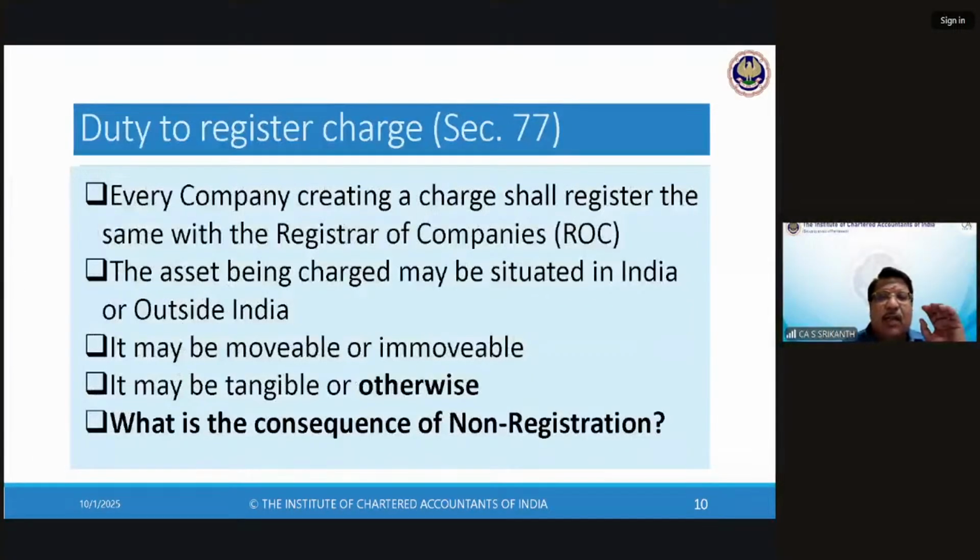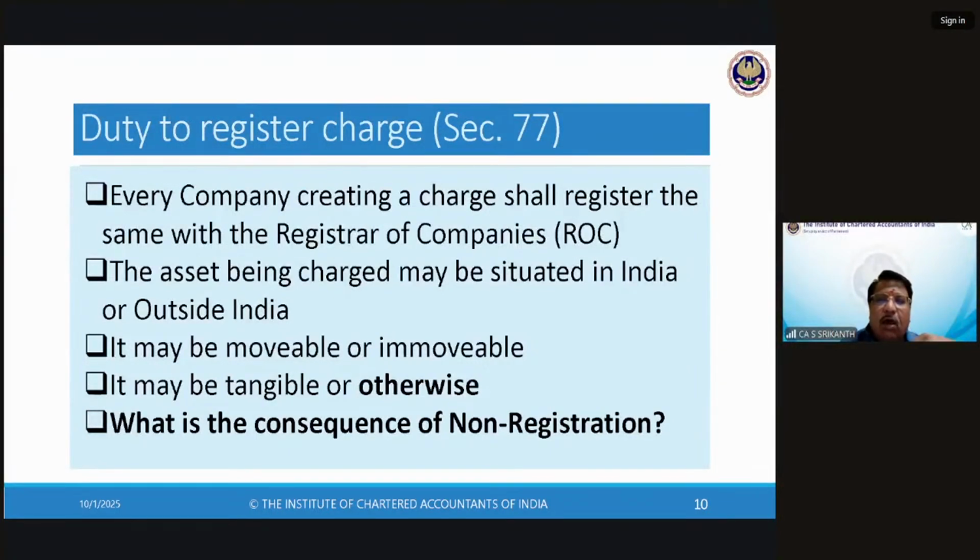We also understood that the person lending the money, the lender, usually a bank or a financier, is a charge holder. The person in whose favor the charge is created is the charge holder. We also saw the consequence of non-registration. Consequence means result or outcome.